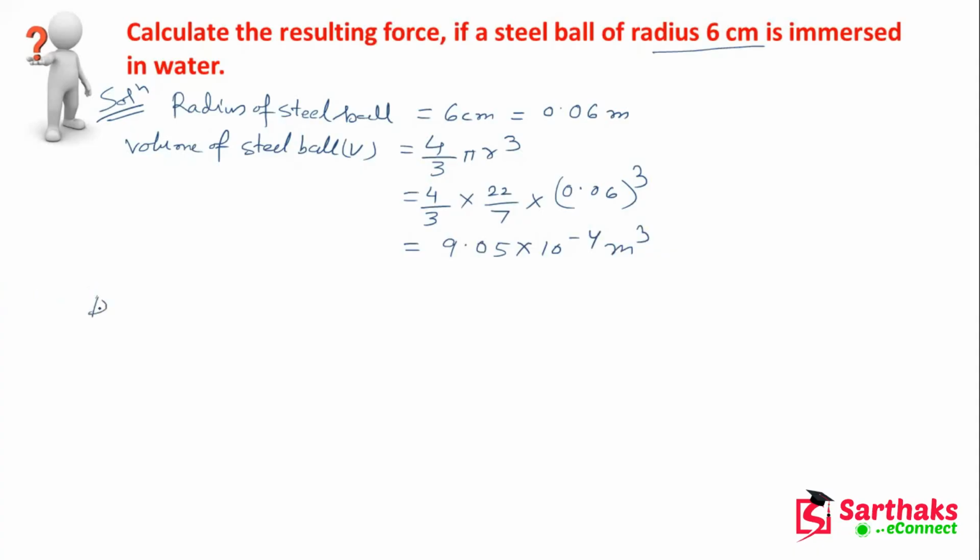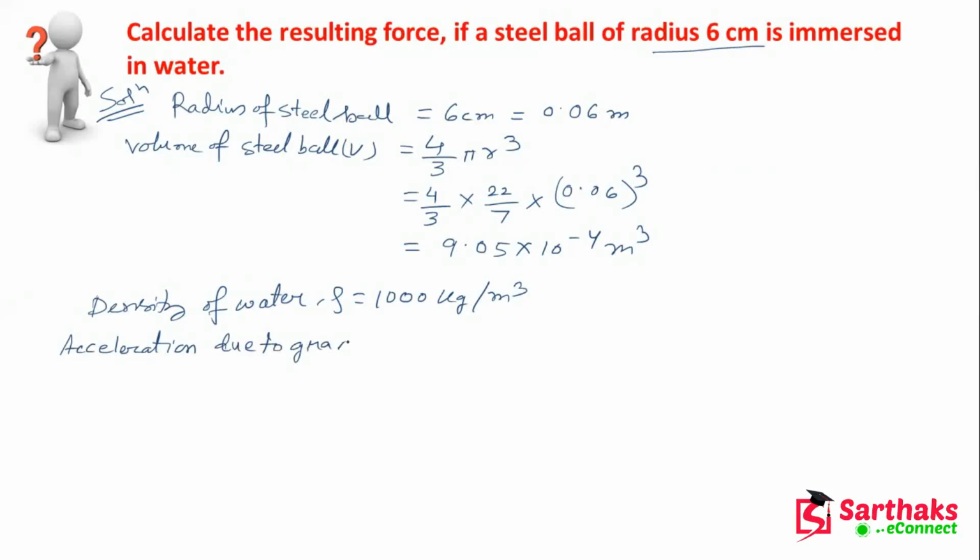So density of water, rho, we know that 1000 kg per meter cube. So acceleration due to gravity, that is G, that is the 9.8 meter per second square.